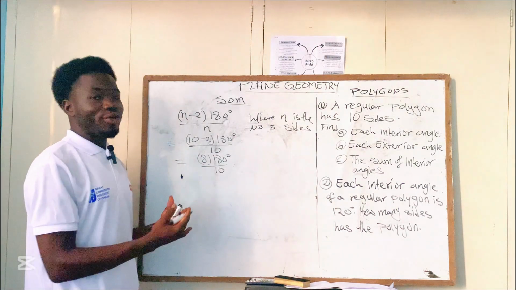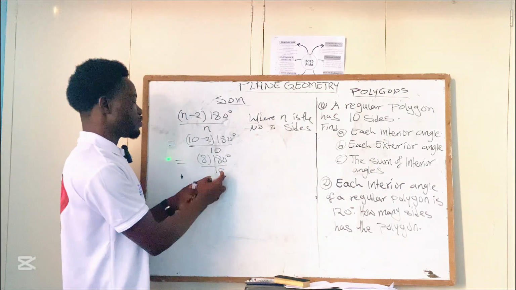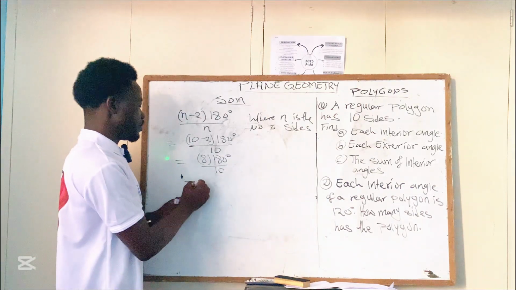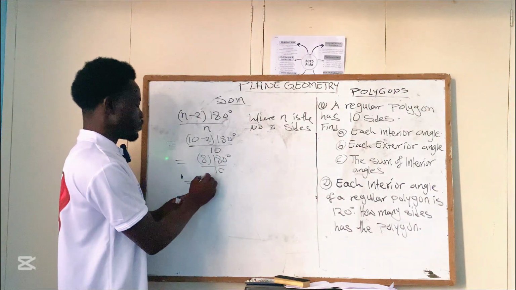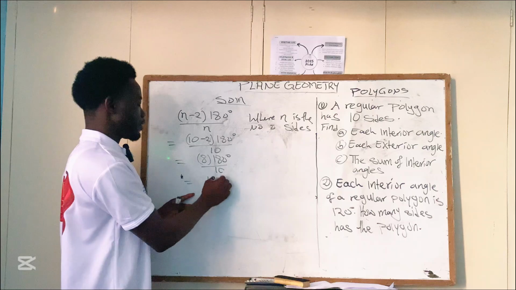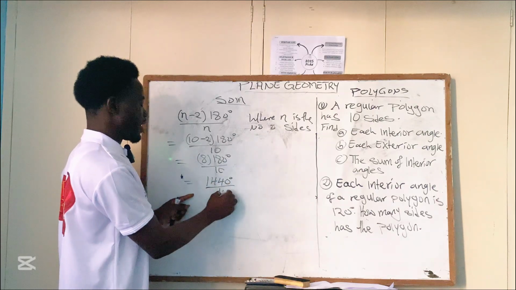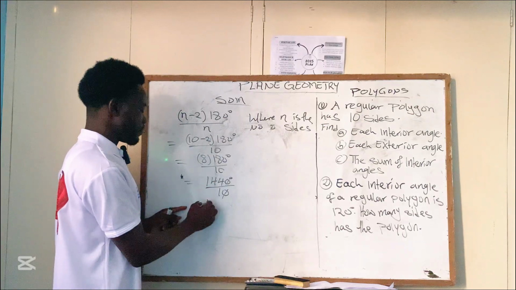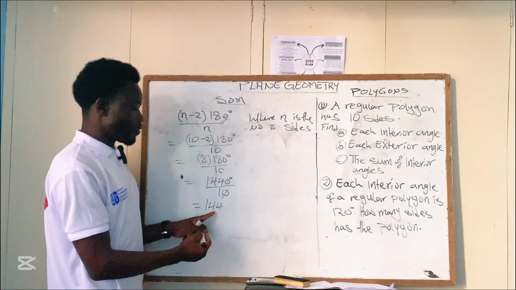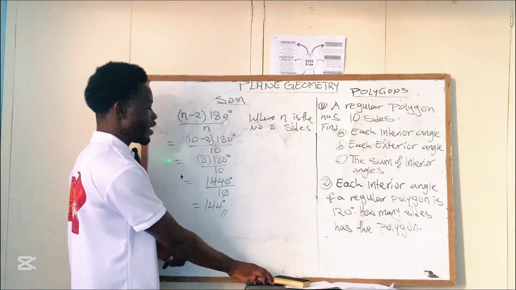Here your mathematical approach might come in, however way you want to do it, but I can do it this way. 8 times 180 degrees is going to give me 1040 degrees. Now divided by 10, and I'll have 144 degrees as each interior angle.